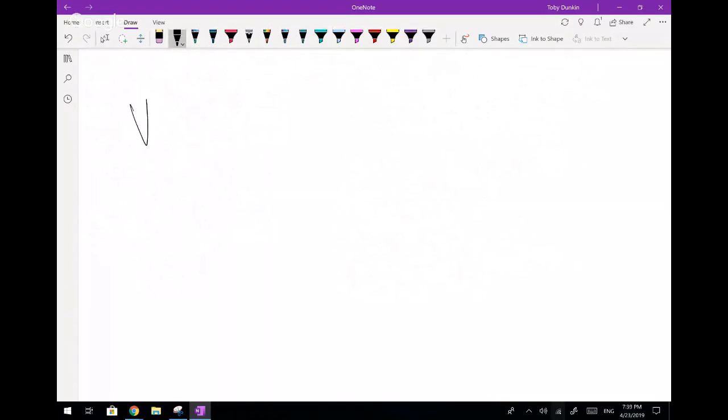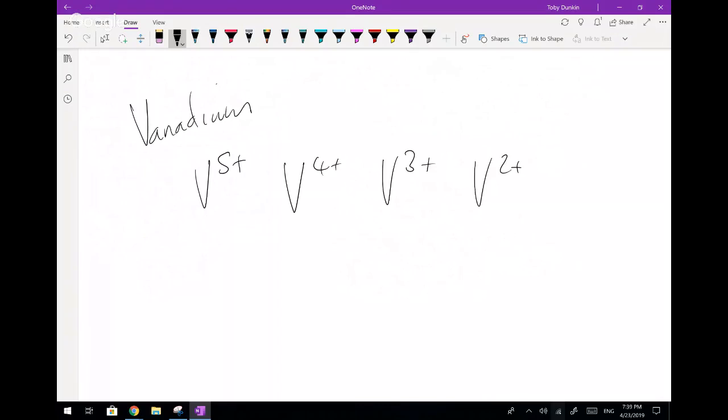So lots of these do them. Vanadium does loads. Vanadium does 4 different charges: V5 plus, V4 plus, V3 plus, and V2 plus. And it stops there. And each of these charges has a different color.